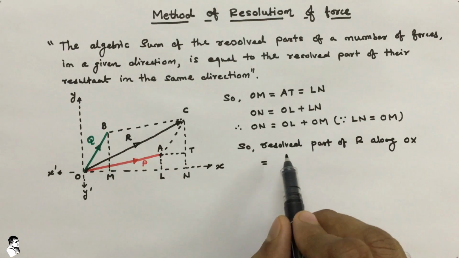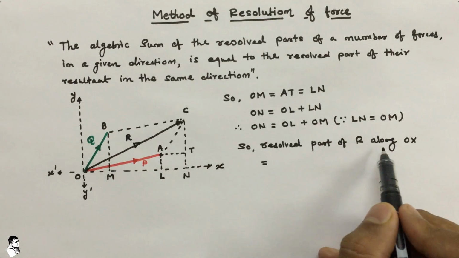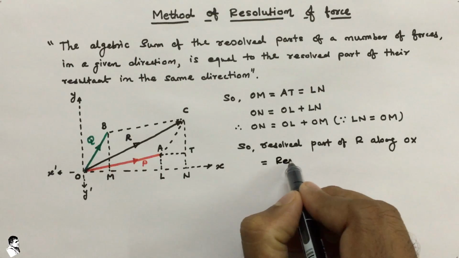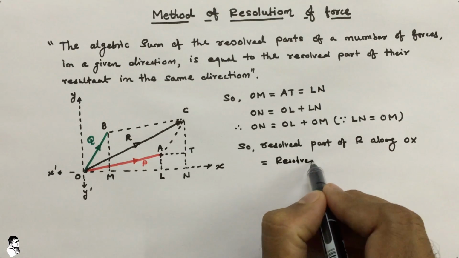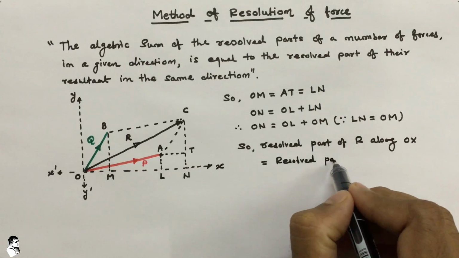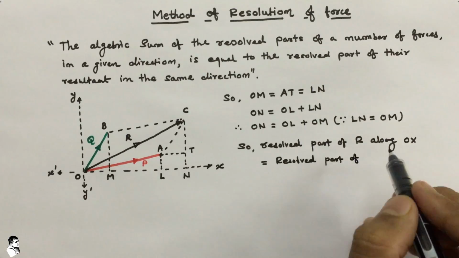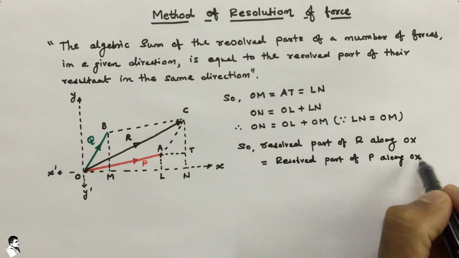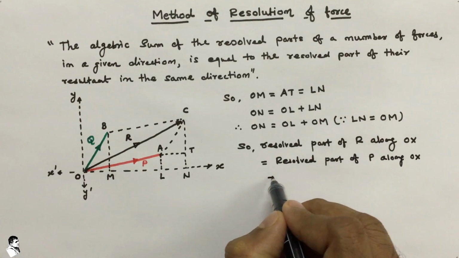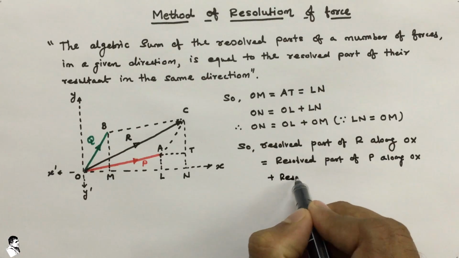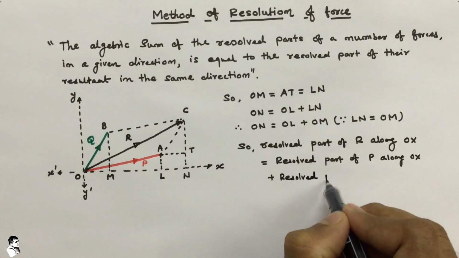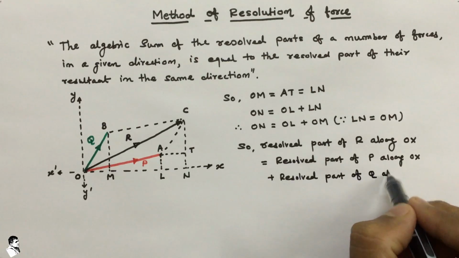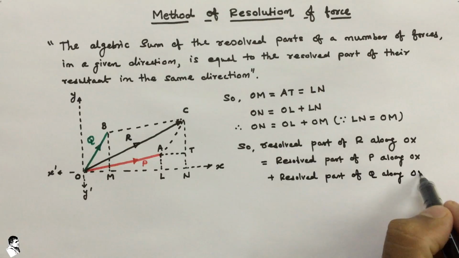That means the resolved part of R along X is equal to the resolved part of P along OX plus the resolved part of Q along OX.